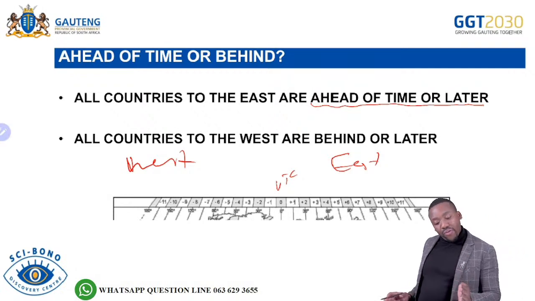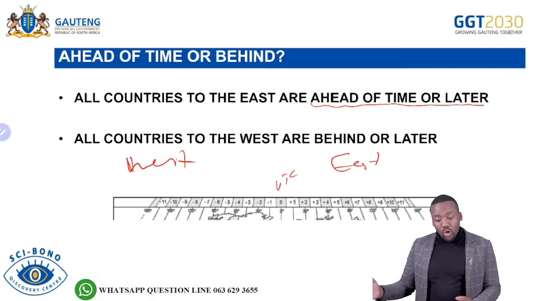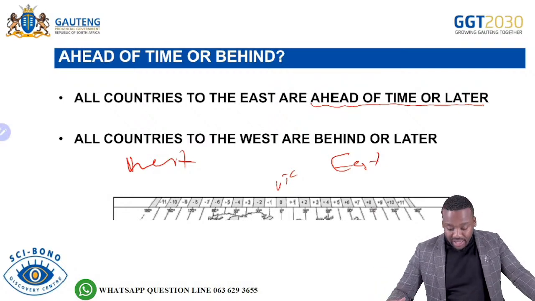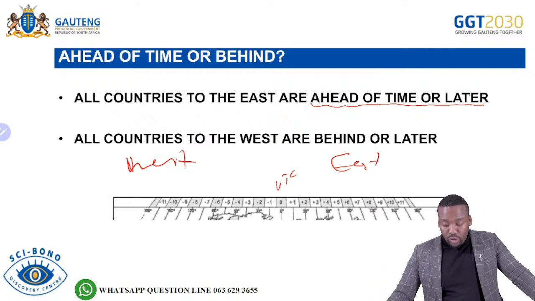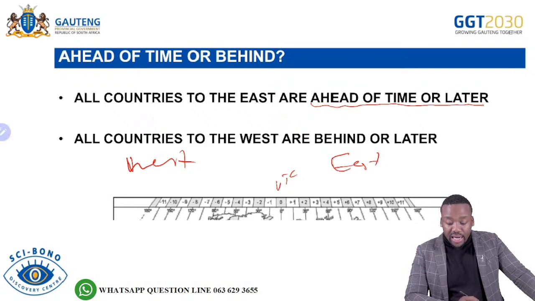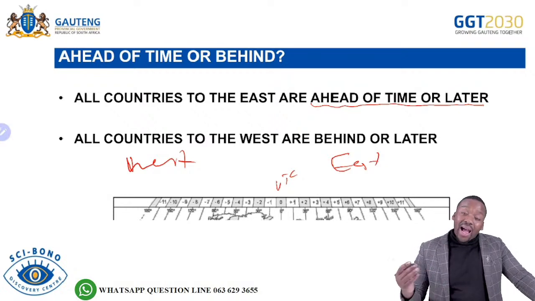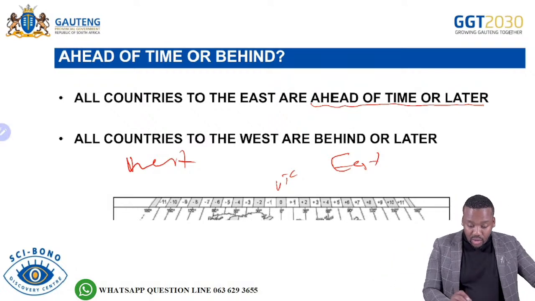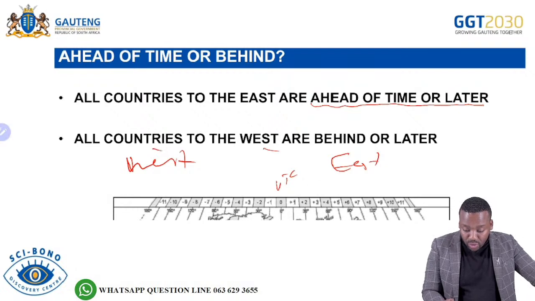Meaning when you move from +2 to the next time zone, you are 1 hour ahead, and so on and so on, depending on the country that you are going to. Hence, you normally see that most of the time when it gets to New Year's Eve in Australia and so on, they say the New Year is before us, because they are ahead. Right? When you go to the west, all the countries to the west of UTC, they are behind time or later.